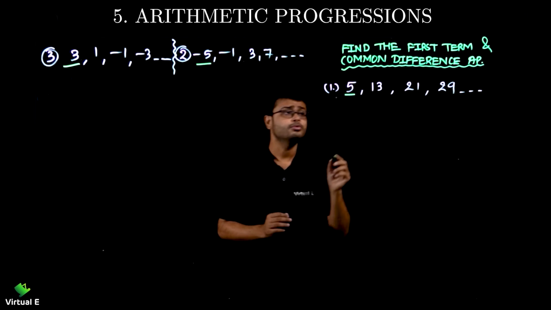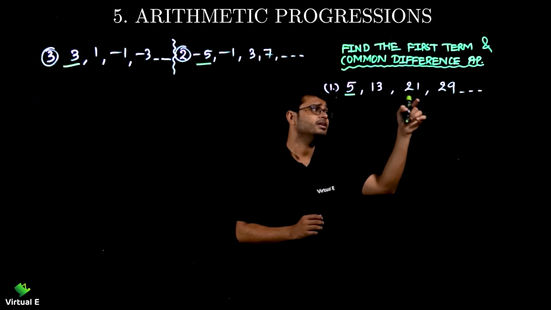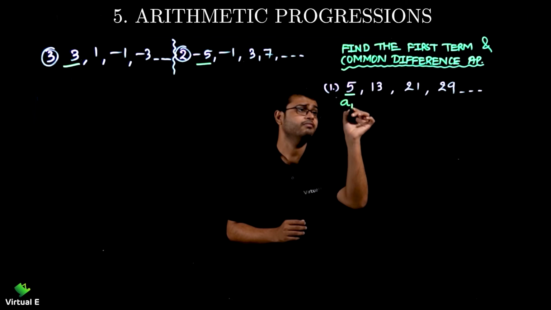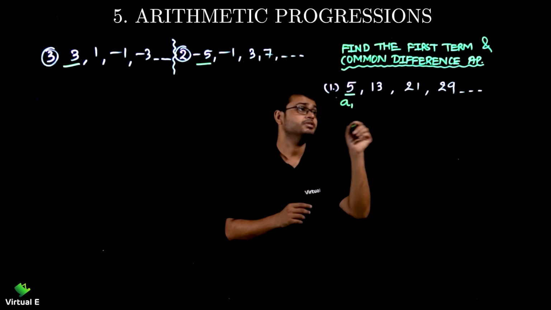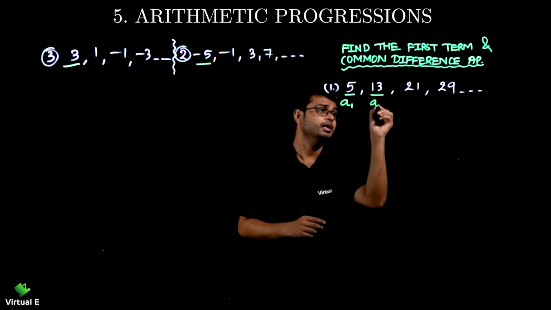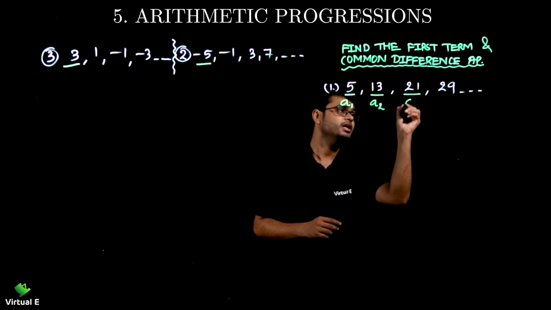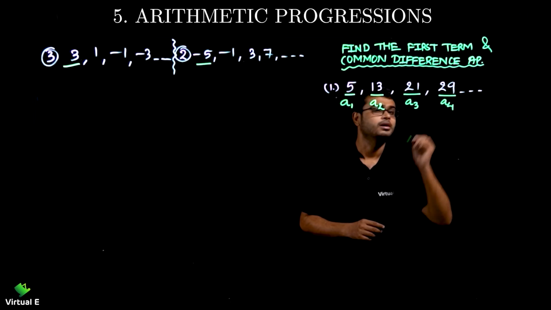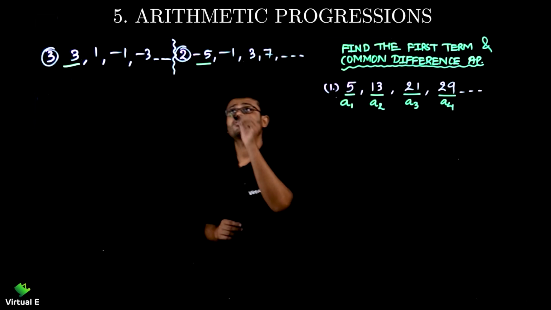So what I'm going to do, first of all, I'm going to assign one variable to all of them. This is a1, because it is the first term. This is a2, this is a3, and this is a4. Same I'm going to do for all of them.